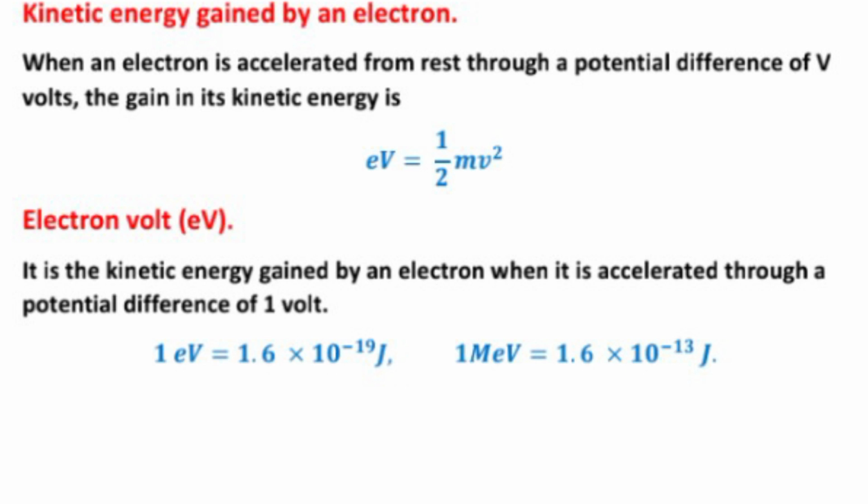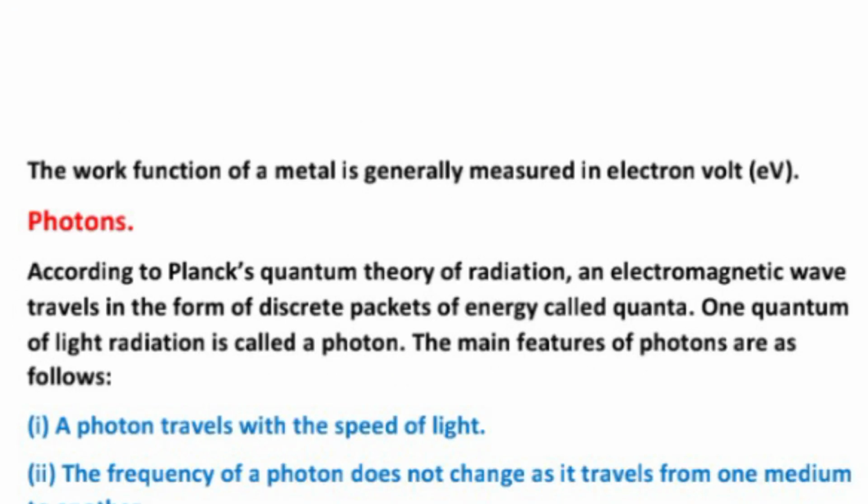It is the kinetic energy gained by an electron when it is accelerated through a potential difference of 1 volt. 1 electron volt equals 1.6 × 10^-19 joule, and 1 million electron volt equals 1.6 × 10^-13 joule. The work function of a metal is generally measured in electron volt.